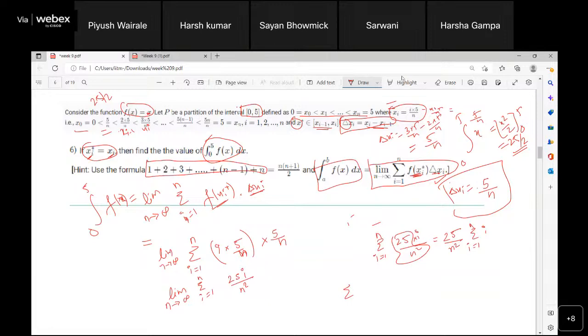What does this mean? It's the summation of natural numbers, sir. Yes, when i equals 1, 2, 3, like this till n. And the summation of natural numbers will be n into n plus 1 by 2. It is given to us.